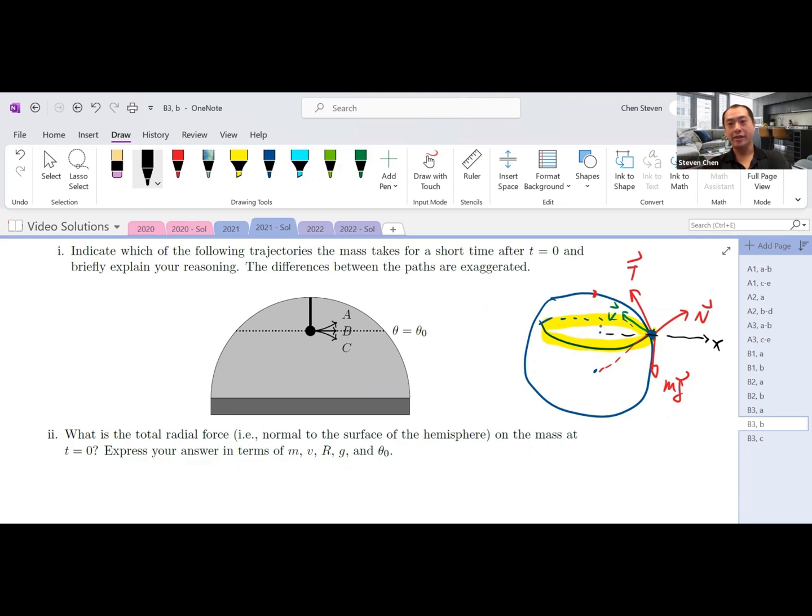Because the normal force, you see, its x component is positive. So it has to be reduced such that the x component net force is going to the negative direction of the x-axis, right? So let's think about it. What happens afterwards? Suppose you want to decrease the x component of the normal force.